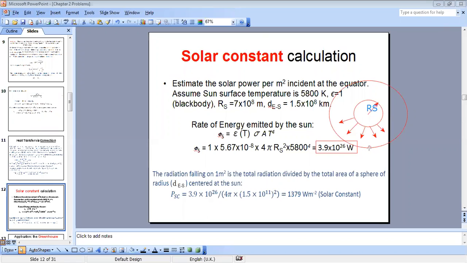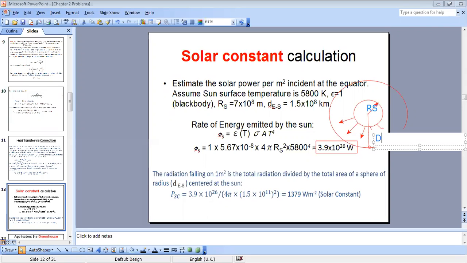And when reaching the Earth, I can consider the distance separating the sun from my Earth. Okay, so here I have the radius of the sun, and I have the distance between the Earth and the sun, which is given here.